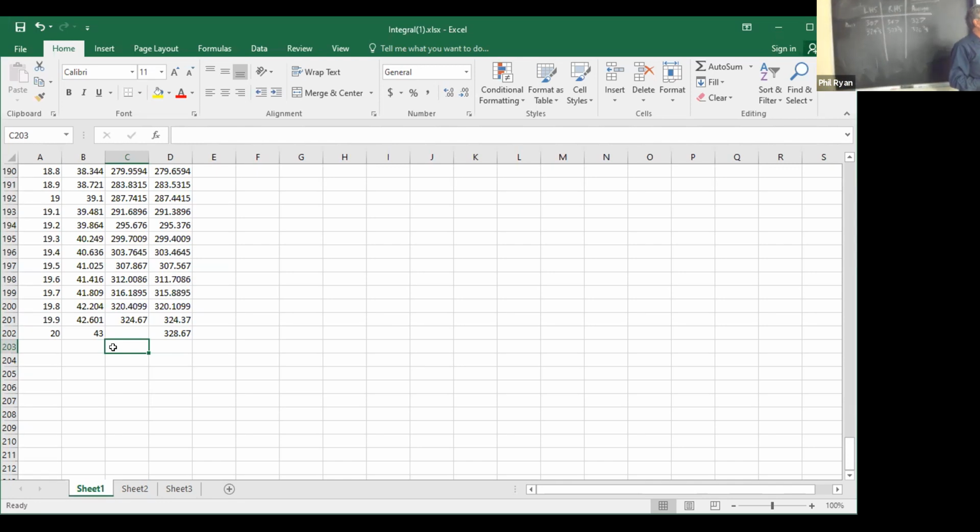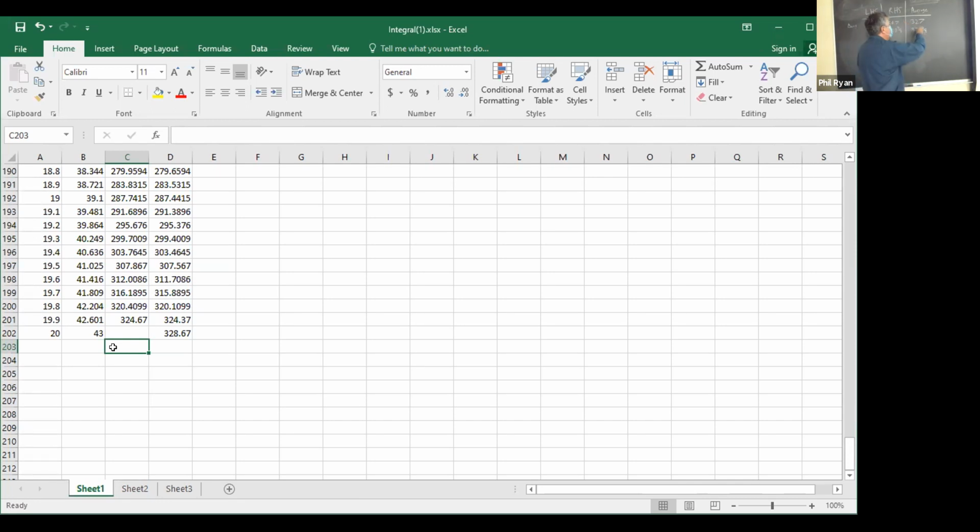So, how confident are we in our answers now? Does this look good? Yeah, it looks like we've got really nice convergence, doesn't it? So we see that this answer here is going to be pretty good. It hardly changed at all from there.